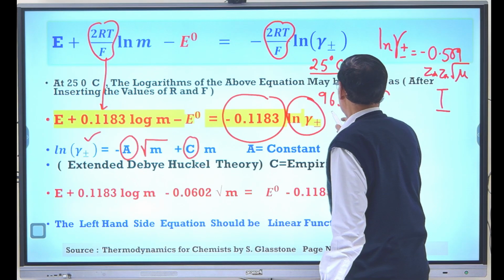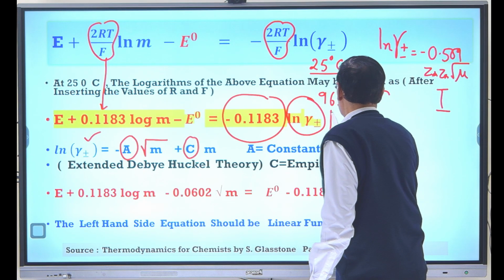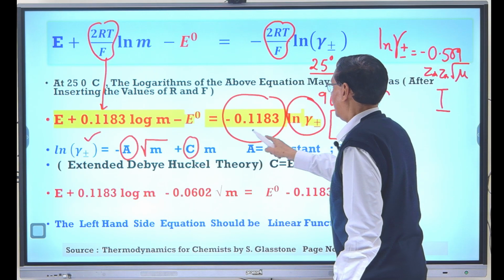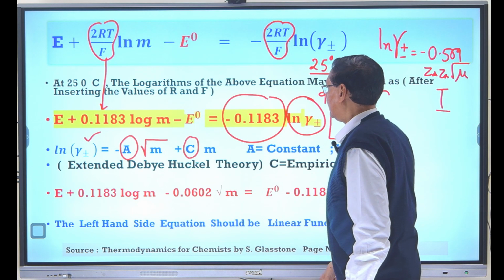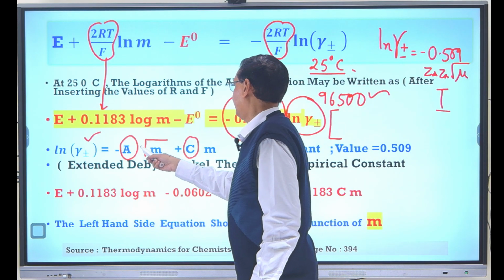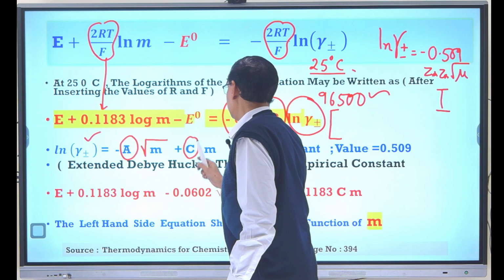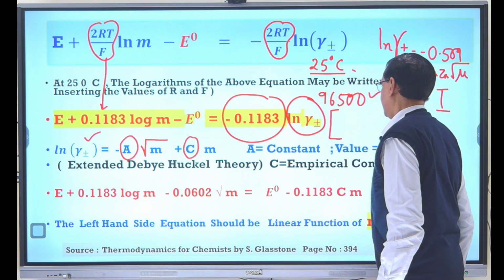So when we put these values here, in place of this you can write minus A under root of m plus cm. You can write these things.